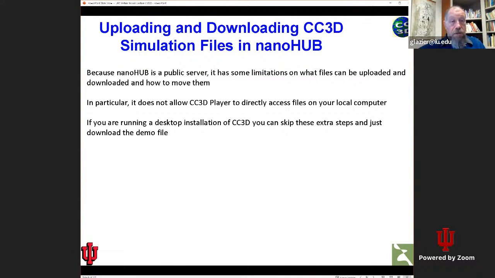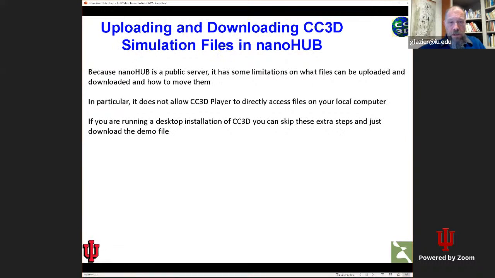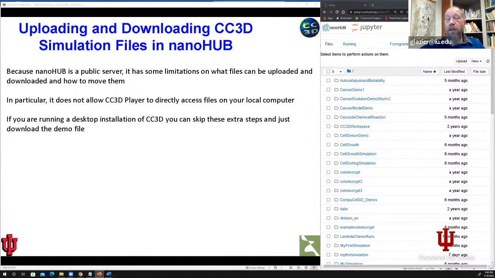This is a security restriction within nanoHUB, and so I want to show you how to upload and download files. It shouldn't take very long, I hope. Giuliano is here in case there's a problem, which is good. So I would ask people to launch their nanoHUB deployment and then follow along.